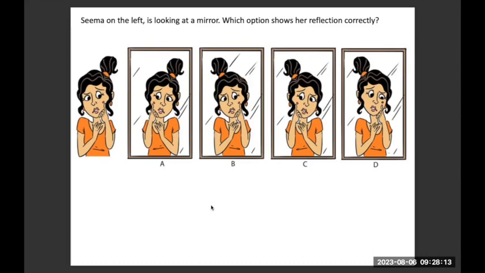Now, if you look at the options A, B, C, D, all the options have different orientations, so you will easily be able to negate one. And after you negate one, you will be left with 3 of them, and in those 3, you just have to check the positioning of certain elements. That's it.